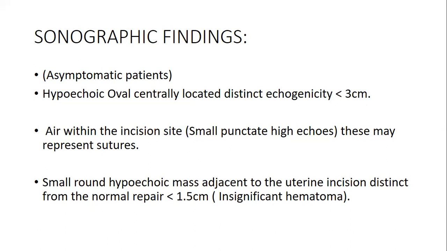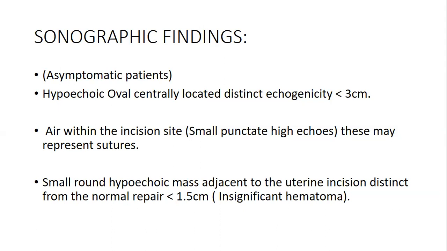But typically, lesions of such nature in patients who are symptomatic, which are less than 3 centimeters, we are okay to say this is possibly the normal incision site. It may also present with a bit of air within the incision site, which may present as small punctate high echoes.